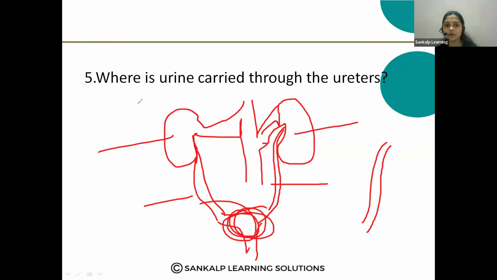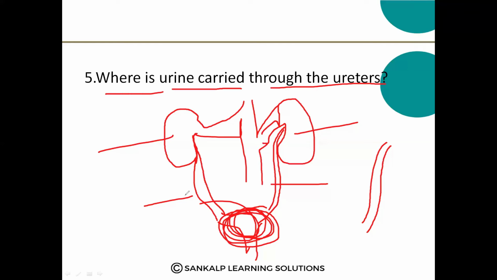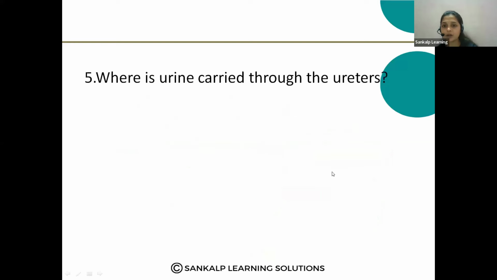So what is the question? Where is urine carried through the ureters? Where is it stored? Bladder. Urinary bladder. So the answer is urinary bladder, because the kidneys produce the urine.